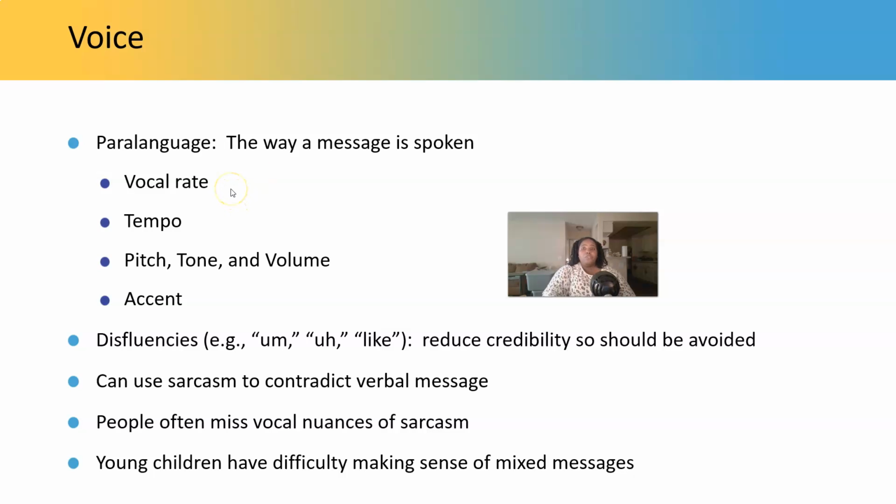This can include vocal rate, how fast or how slow you talk, the tempo, so the tone and cadence of how you talk, vocal variety that includes pitch, tone, and volume, and your accent, so that can tell us culturally where you're from. We also have disfluencies like "um" and "like." So we want to make sure that if we're doing a presentation, we reduce those as much as possible.